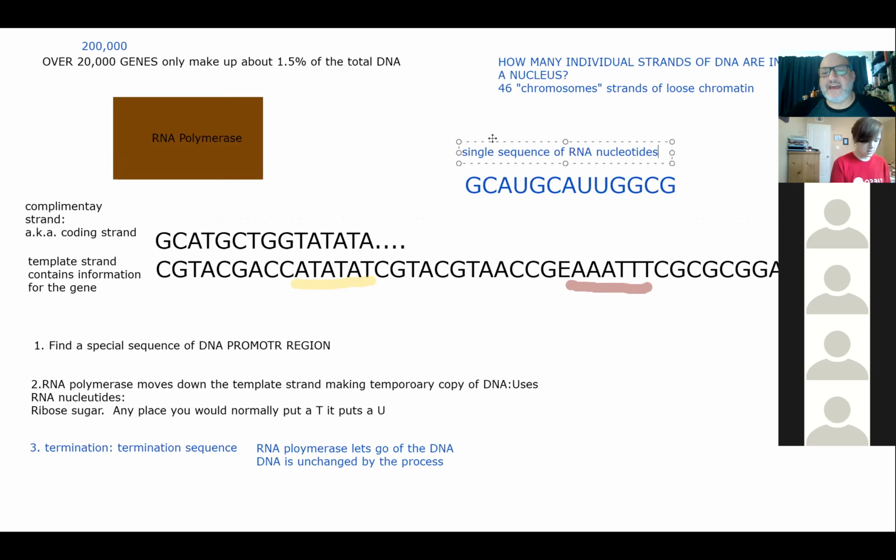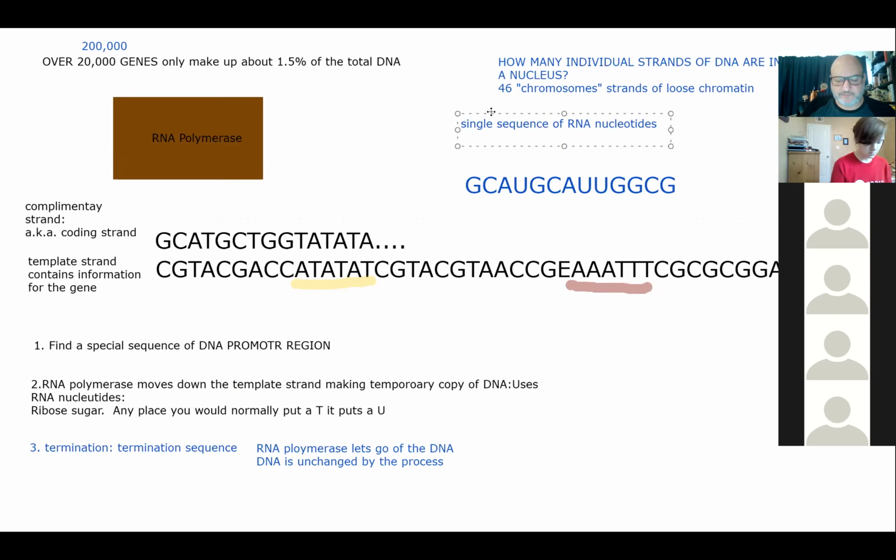Once this is left, it needs to be modified. It needs to be cut and shortened. Pieces need to be taken out of the middle. So at the end of this, we may end up with something like CAUGCAGGC, something like that.